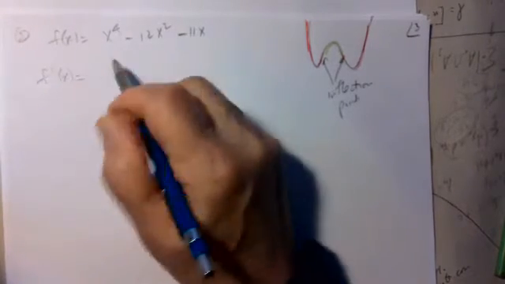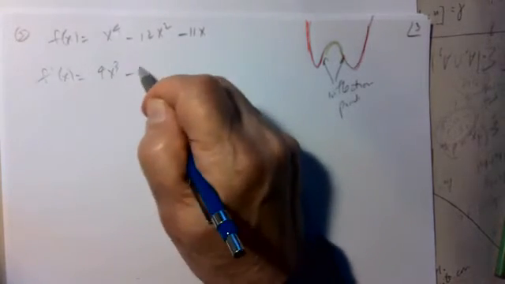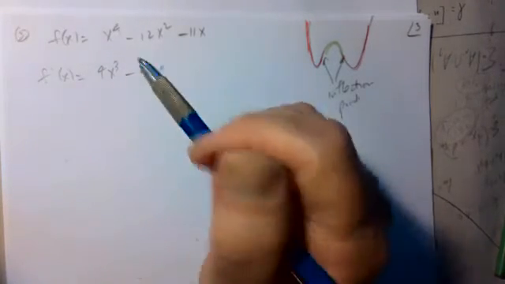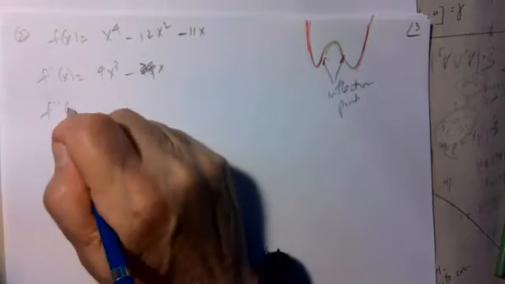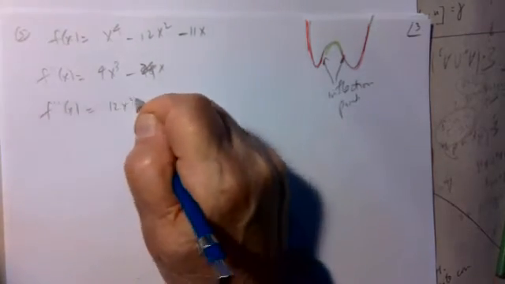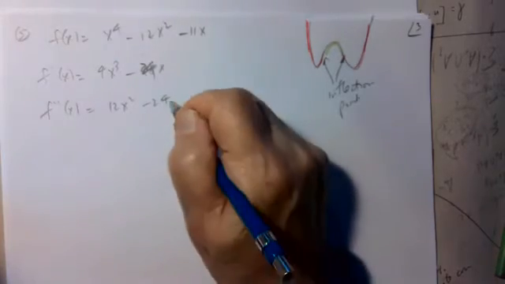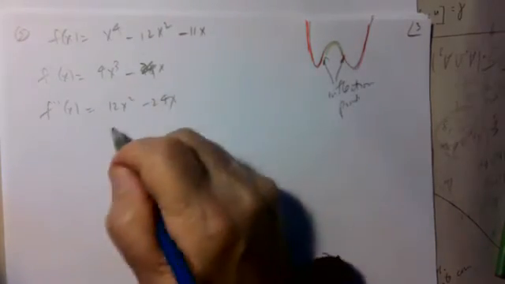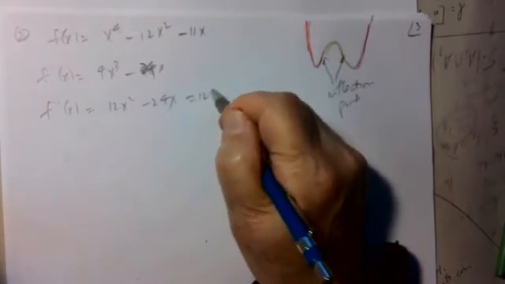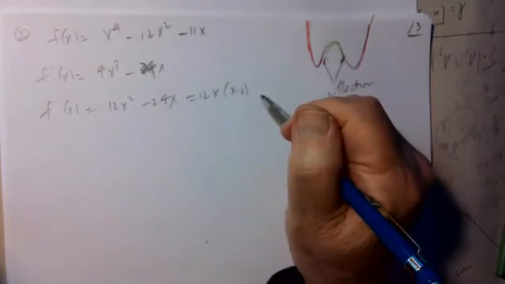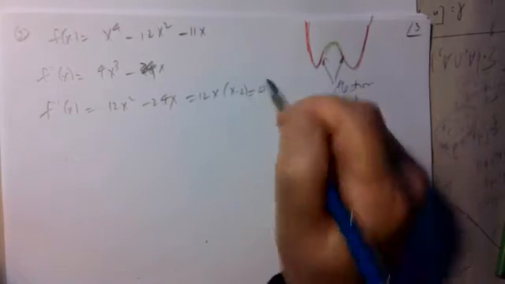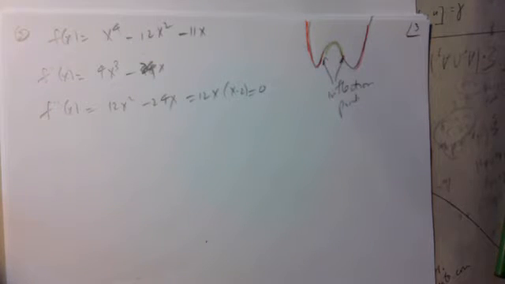So we take the first derivative, and then we take the second derivative, which is equal to 12x times x minus 2. And we set that equal to 0.